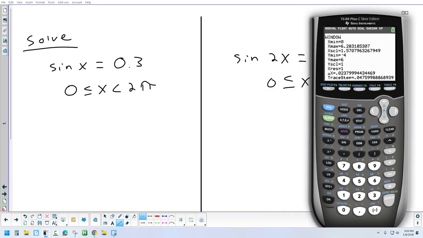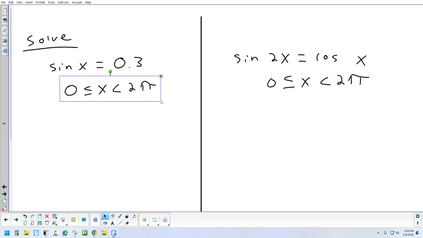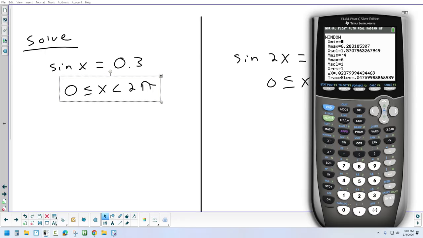And normally we do zoom 7 unless they tell us another window, and here they are. Where would these two values go on my calculator? X min and max. Right, they're giving me an x min and max. So I want to put in 0. I already have 2 pi put in, so everything's all set. And what mode do we know we have to be in for this question?